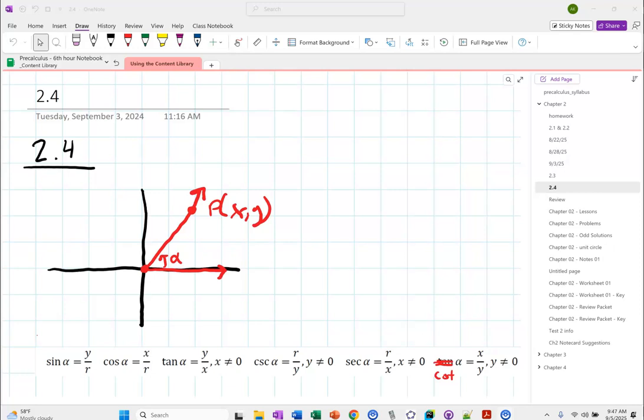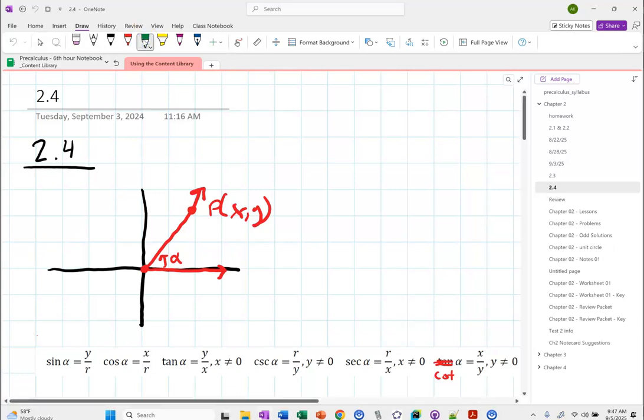And then I'm going to choose some point on that terminal side. I'm going to call that point P, and I'm going to name its coordinates x1. Everybody okay with what I've done so far? Mostly nothing, right? I've just drawn an angle and grabbed a point on one of the arms.